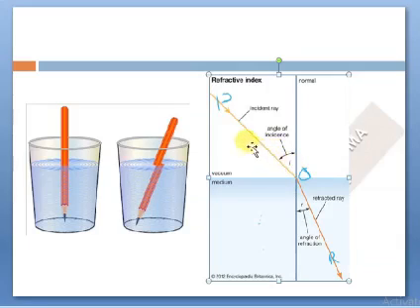This is the incident ray of light from the first medium, that is the vacuum. On getting to the boundary, you can see the boundary between the first medium and the second medium, which is your glass.